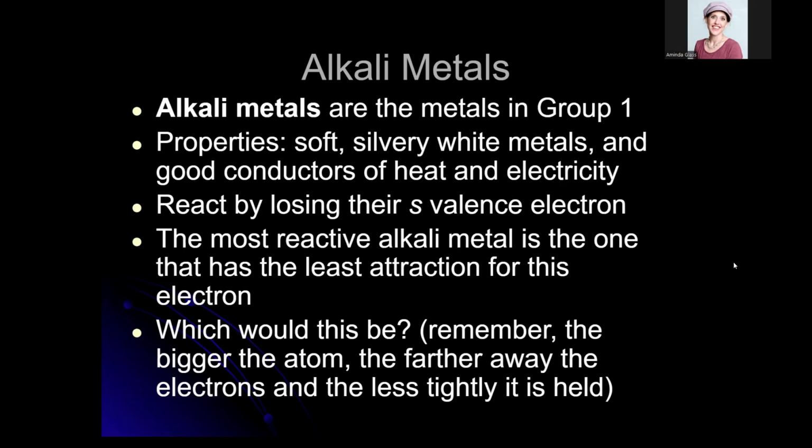So think about what element this would be. What element in that group would have the least attraction? Remember, the farther away the electron is from the nucleus, the less attracted it is. So this would be francium, because francium is the largest element in that group.